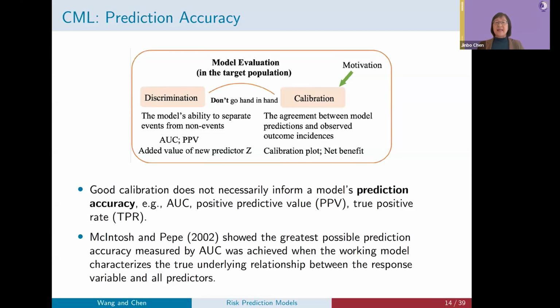There is a seminal work by McIntosh and Pepe saying that the best possible predictive accuracy measured by AUC is achieved when the working model actually characterizes the true underlying relationship between the response variable and all the predictors. Because of this, we want to get a model that's as close as possible to the true relationship.